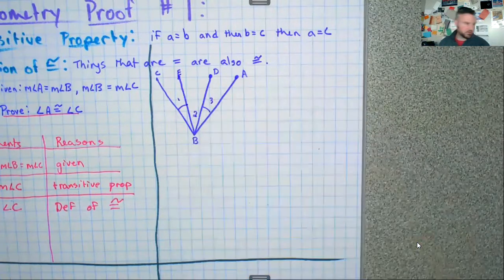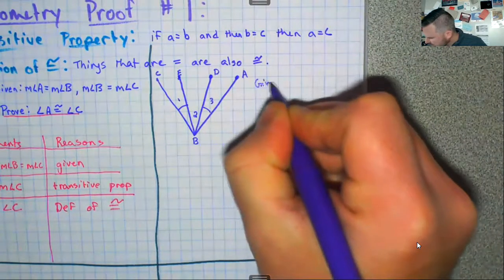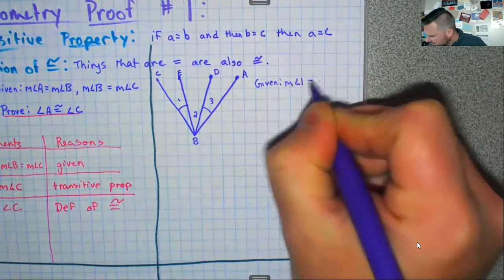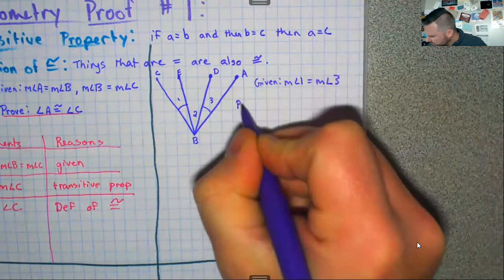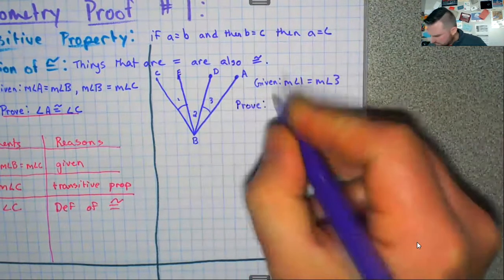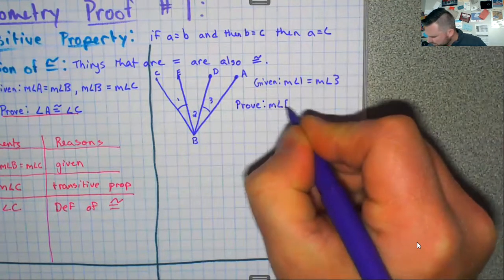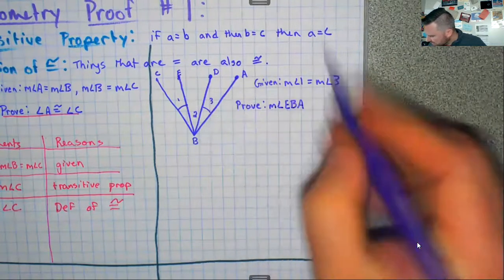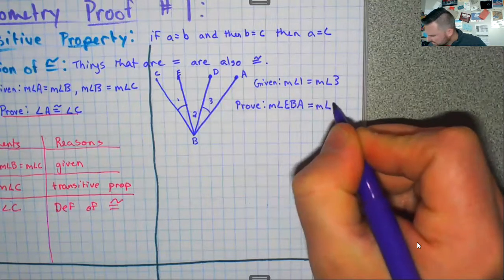So that's the picture that they are providing us. And they say, given the measure of angle 1 equals the measure of angle 3, you need to prove the measure of angle EBA is equal to the measure of angle DBC.